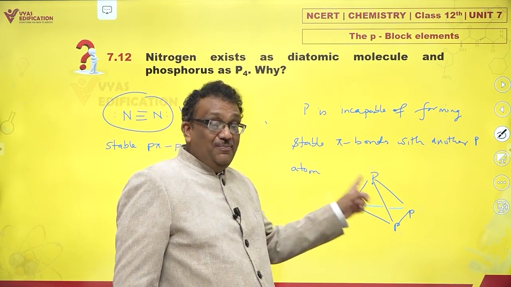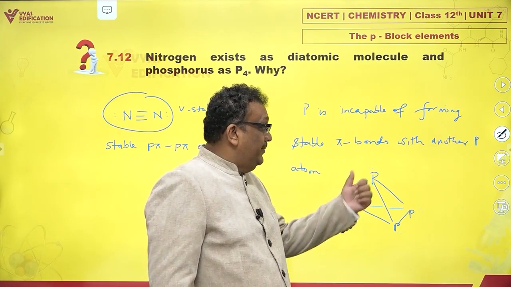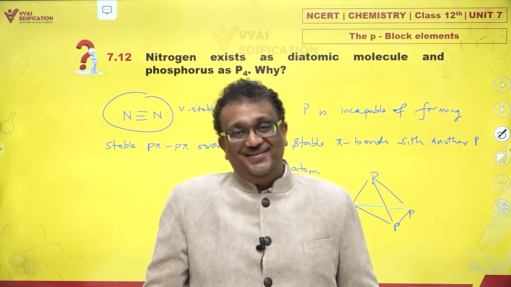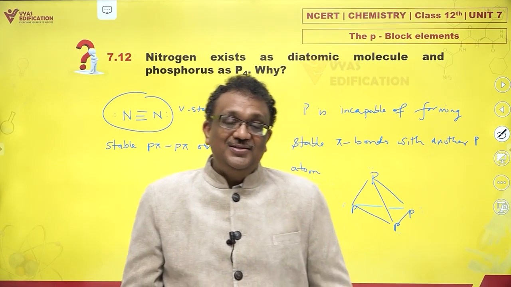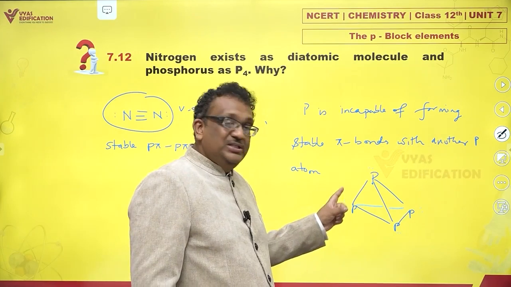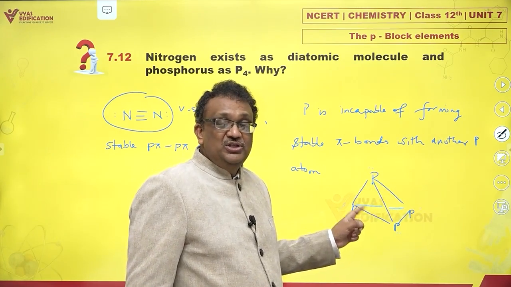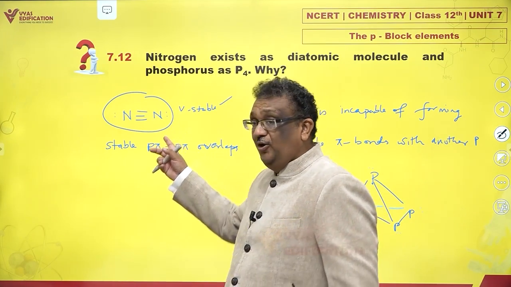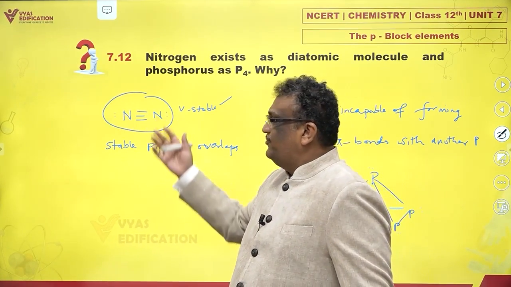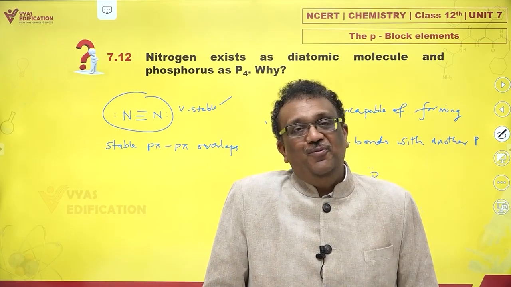This is a more stable arrangement in case of phosphorus because sigma bonds are significantly better than pi bonds. And that is why, my dears, phosphorus loves to remain as P4 because it does not need to form pi bonds here, and nitrogen loves to remain as N2 because it can form very stable pi bonds, and this is the best way in which it is forming pi bonds.